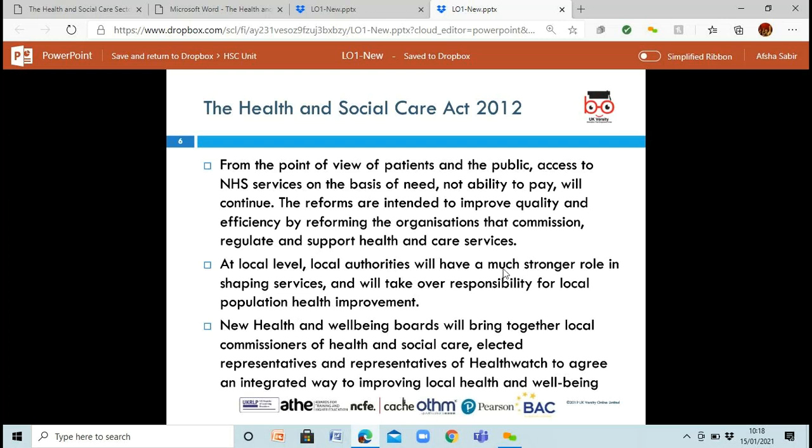New health and wellbeing boards also bring together local commissioners of health and social care, and these have elected representatives of Healthwatch, and they agree to integrate, meaning to work together to try and improve healthcare and also the well-being of patients. Because there was a point where healthcare was focused on, but well-being wasn't really taken into factor, but now that's all changing and we're improving in that service.